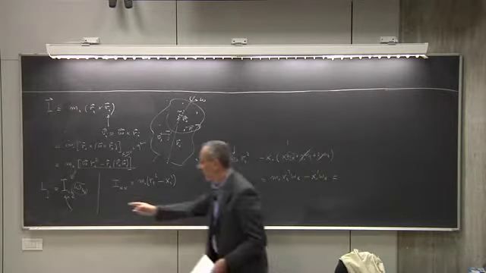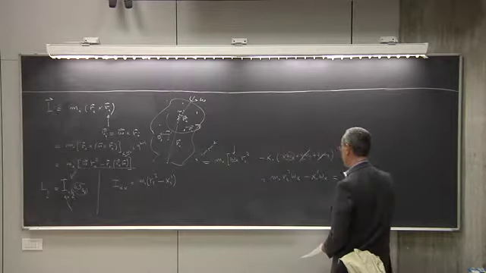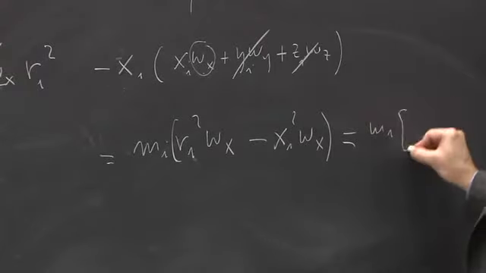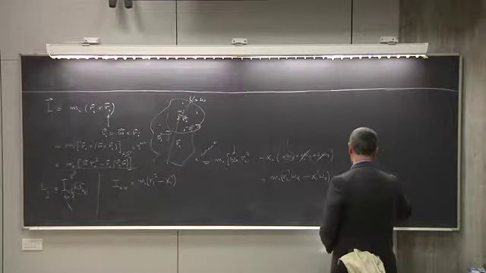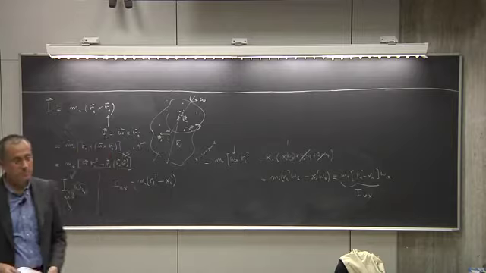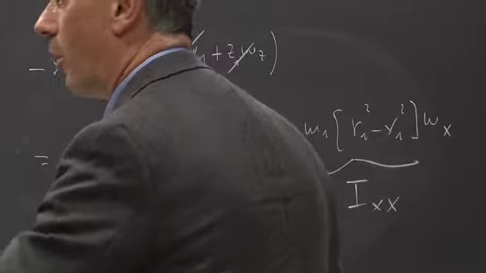And now I factorize out the omega x to get what is, by definition, I sub xx. Any improvement, or still fog? Well, let's just check another component.